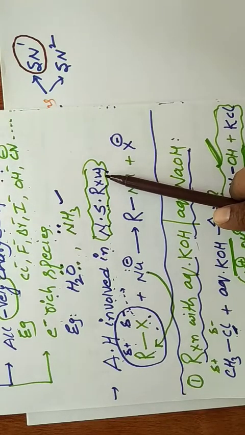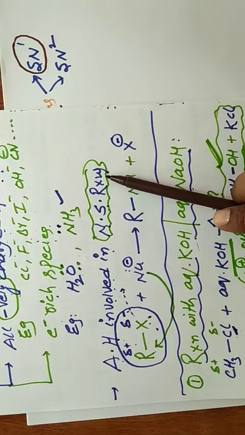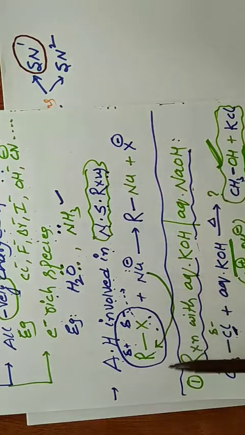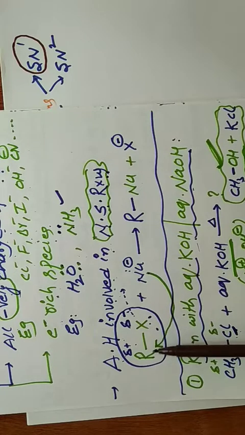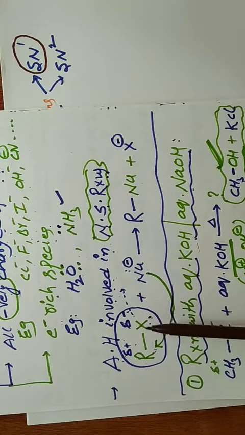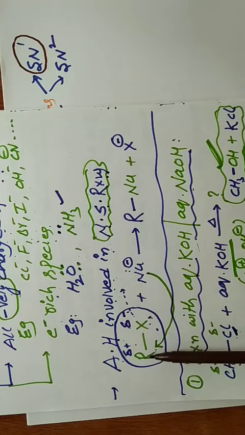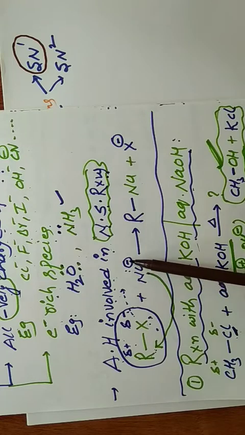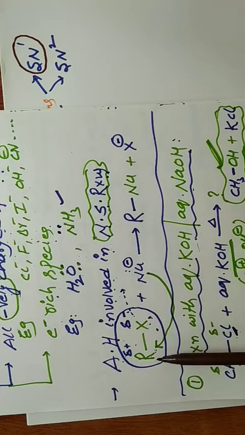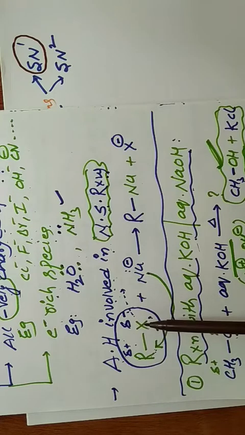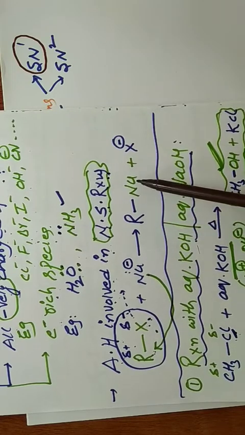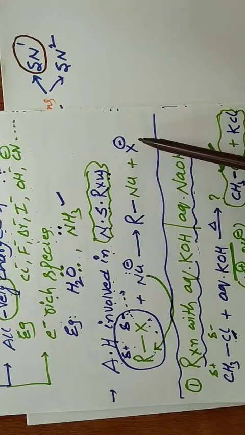What is the reason why these are involved in nucleophilic substitution reactions? If you take any type of alkyl halide, the R-X bond exhibits a delta negative charge on X, and the alkyl part exhibits a positive charge. The nucleophile, having negative charge, approaches this alkyl group and slowly breaks the C-X bond, so finally we create R-Nu plus X minus.